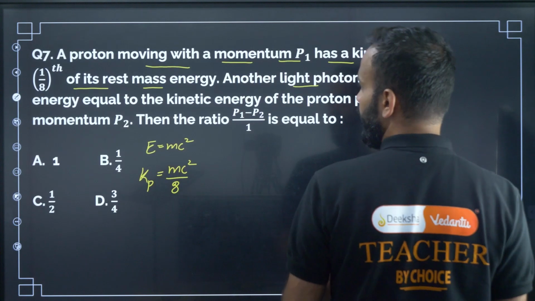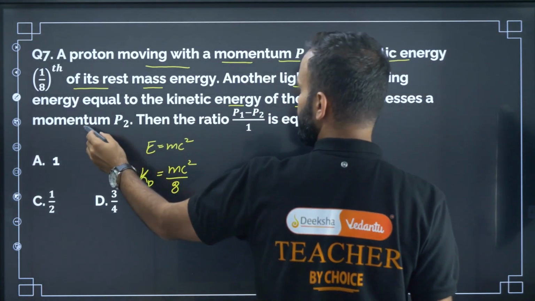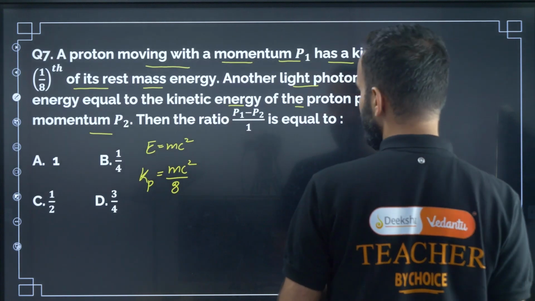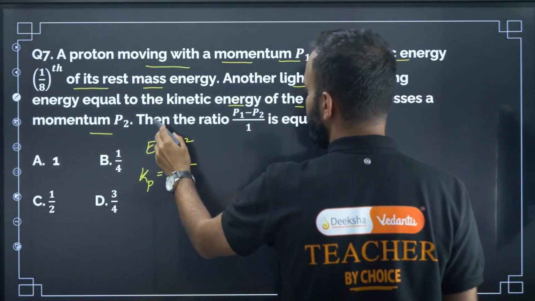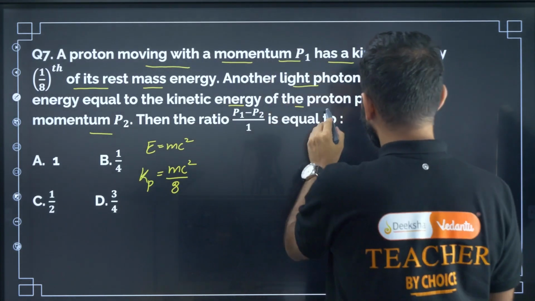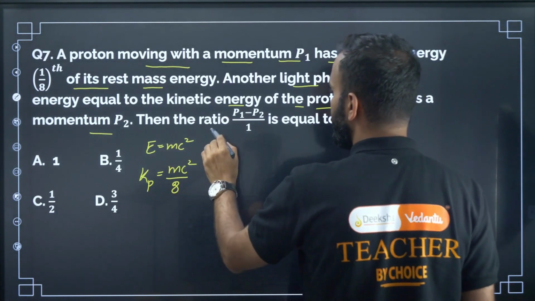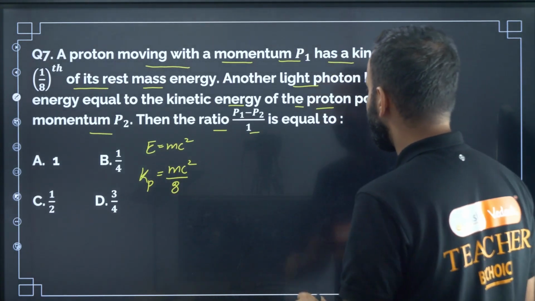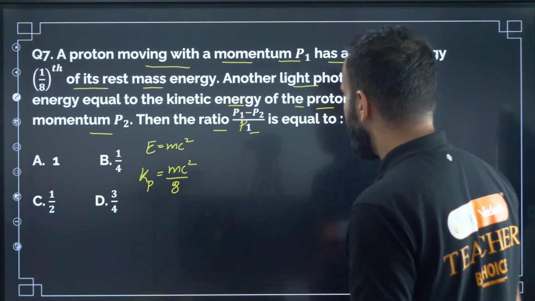Another light photon having energy equal to the kinetic energy of the proton possesses momentum p2. Then the ratio (P1 minus P2) divided by P1 is equal to what?